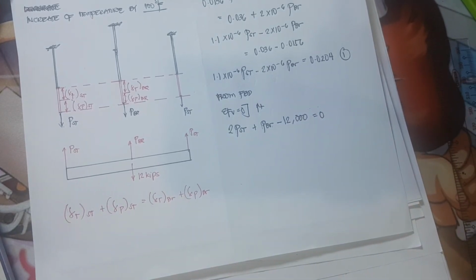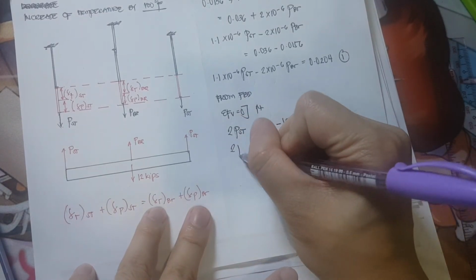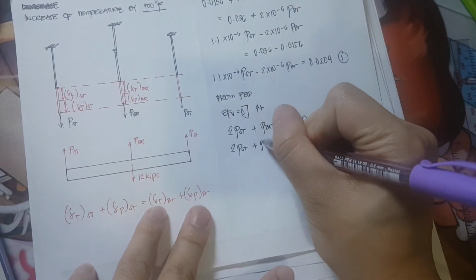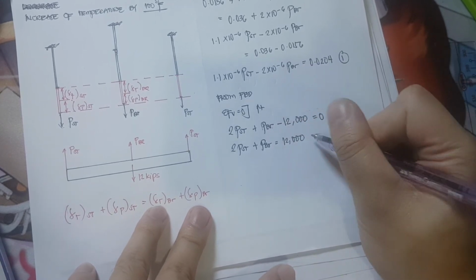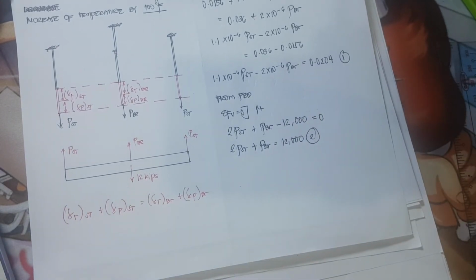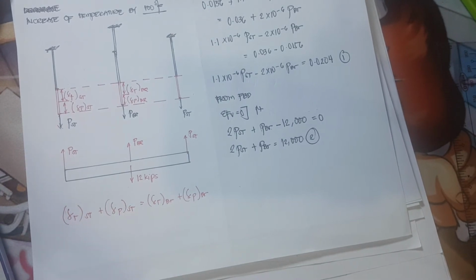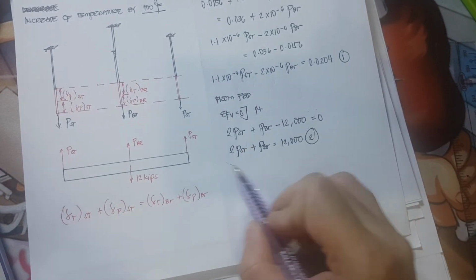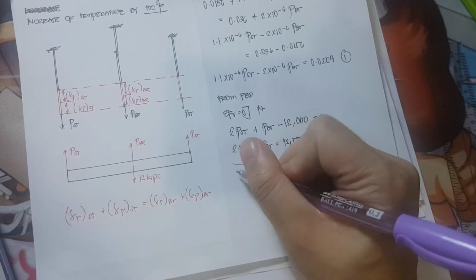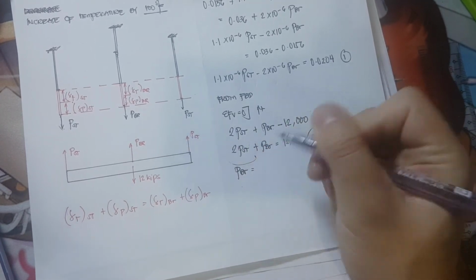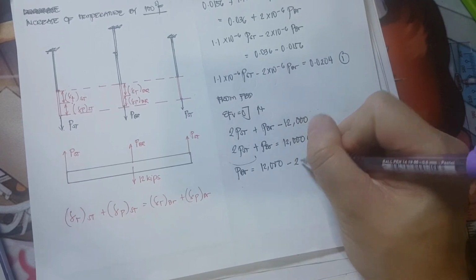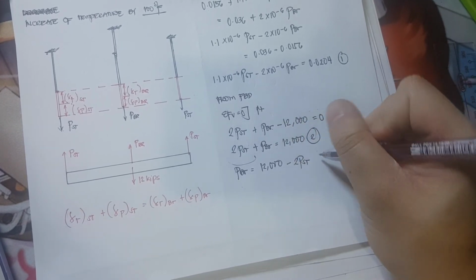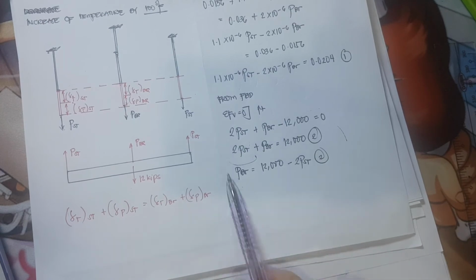So 2P of steel plus P of bronze is equivalent to 12,000. And this is my second equation. So from here, what I'll be doing is transpose this to the other side of the equation. P of bronze is equivalent to 12,000 minus 2 P of steel. So this would be my second equation.